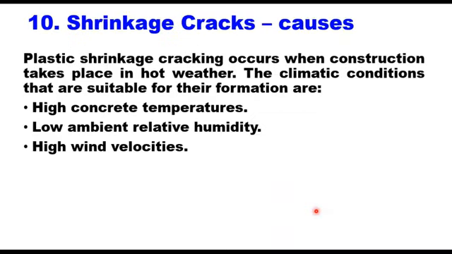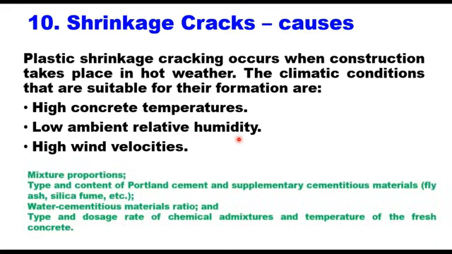These cracks can occur when construction takes place in hot weather. The climatic conditions that are suitable for their formation are high concrete temperature, low ambient relative humidity, or high wind velocity.